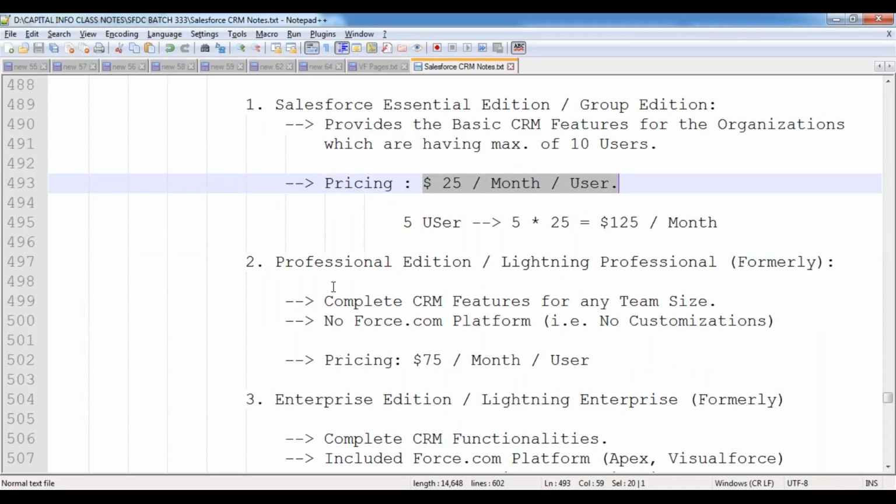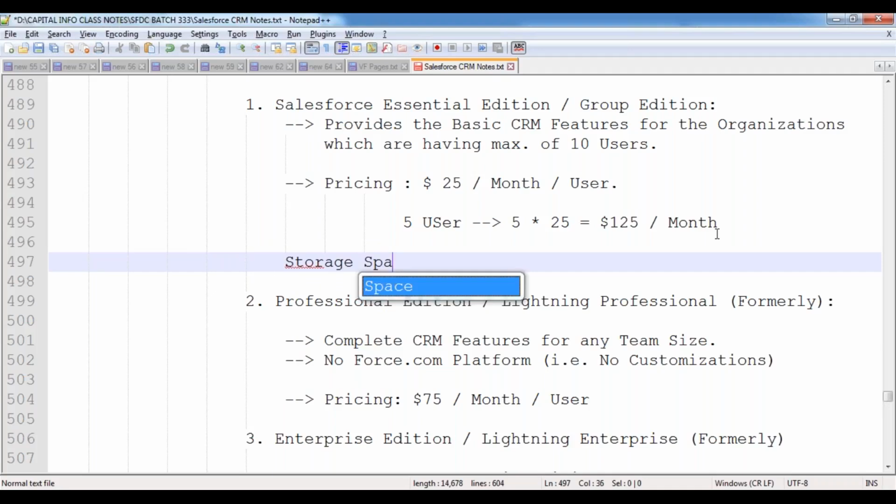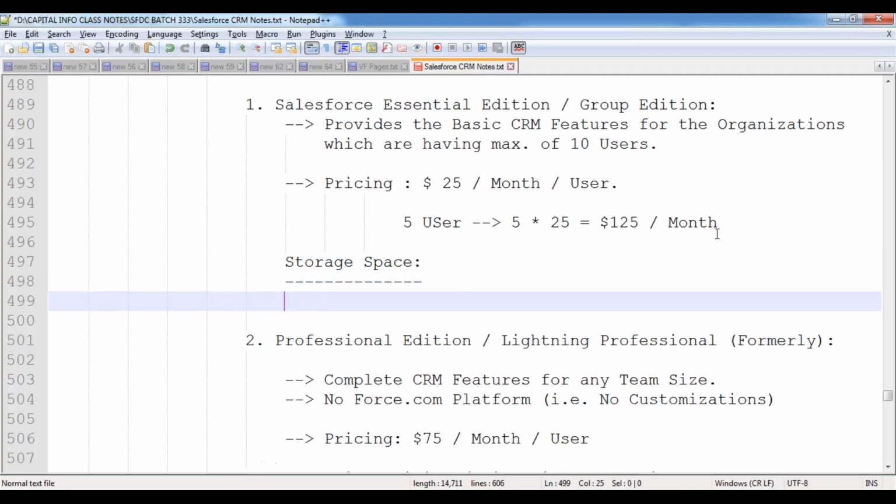Then how much storage capacity will be given by Salesforce? As part of storage space, we have two types of storage.